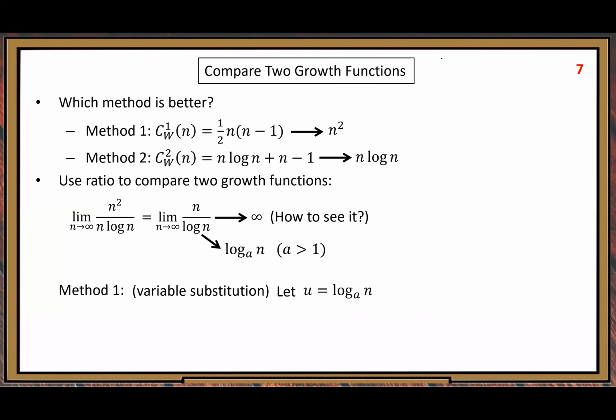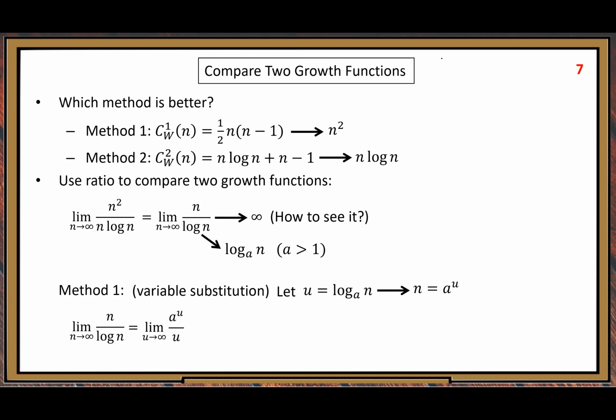After we introduce this variable, we can represent n as an exponential function with base a, a to the u. Let's go back to the ratio. After variable substitution, we will have numerator a to the u over denominator just u.